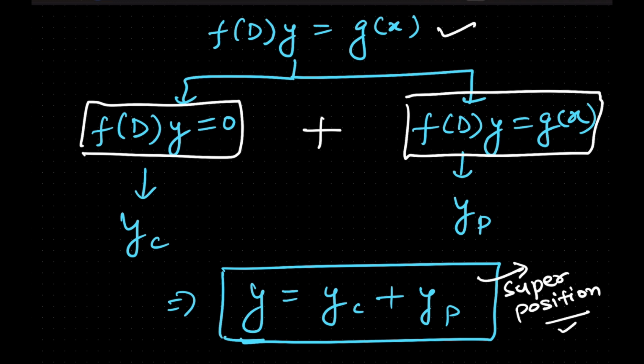When you put the RHS equal to 0, we get the complementary part of the solution, and when we take the equation as it is, we are finding the particular solution.